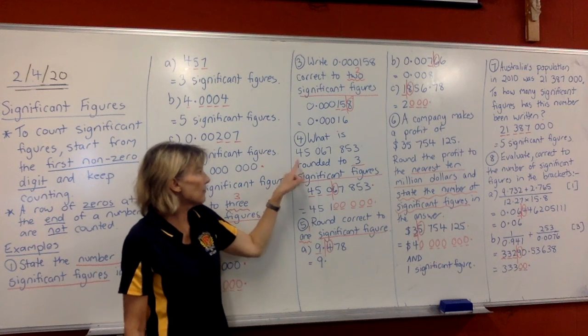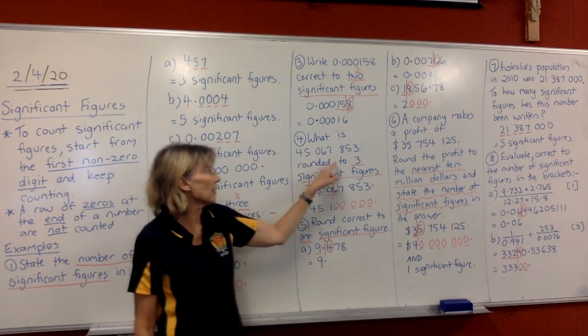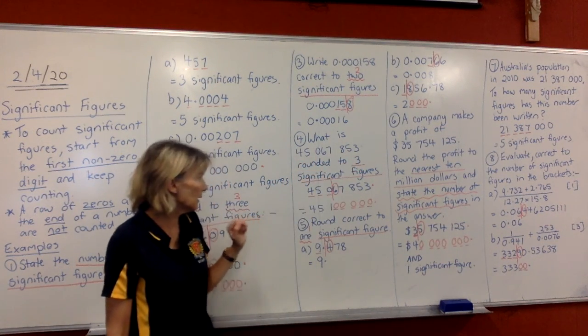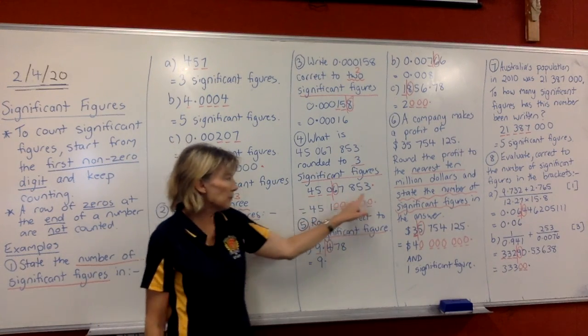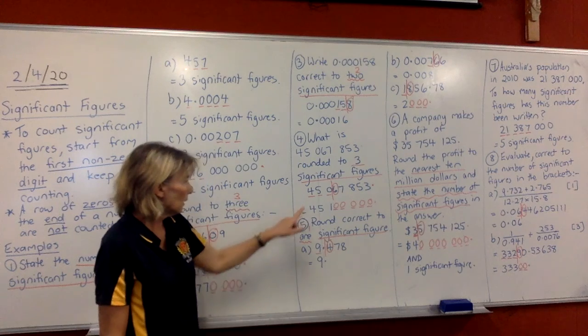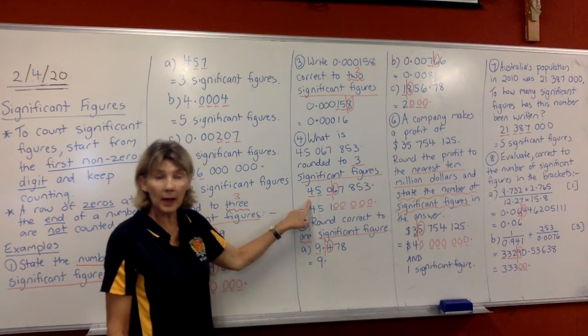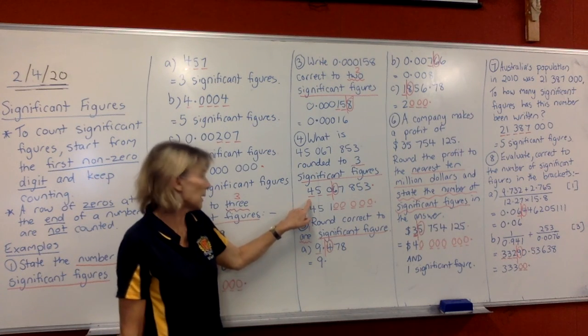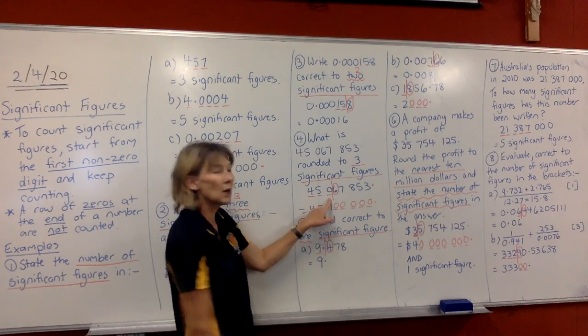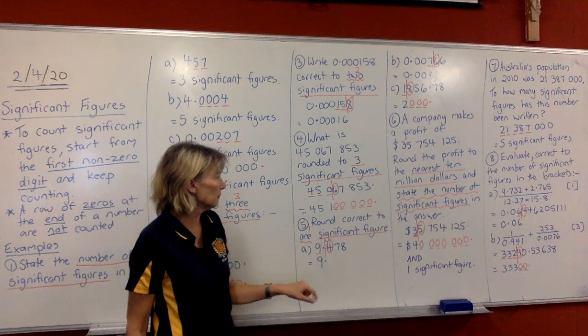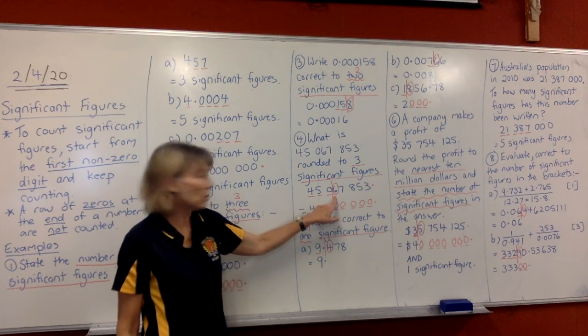The next one, we have 45,067,853. We're rounding to 3 significant figures. Copy the number down first. That's not a 0, so we can start counting our significant figures from here. 1, 2, 3 significant figures. Draw your line, circle the next digit. This is 5 or more.